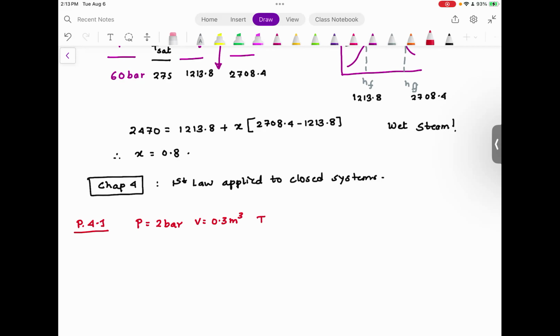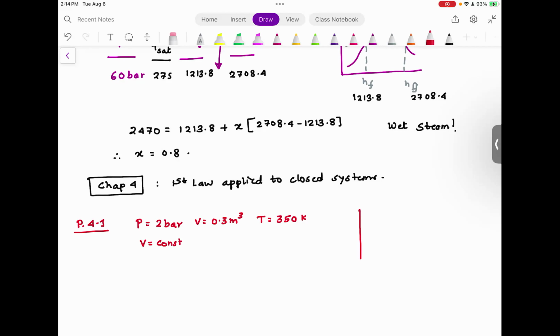Temperature of the gas T is equal to 350 Kelvin. The gas undergoes a thermodynamic constant volume process until the pressure raises to 7 bar. So V is equal to constant.